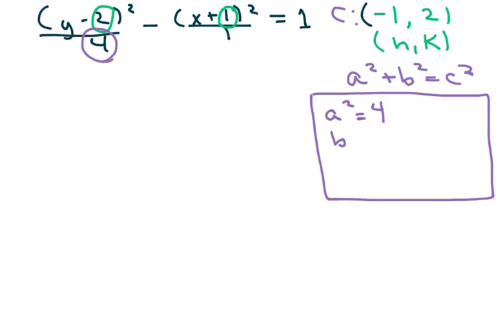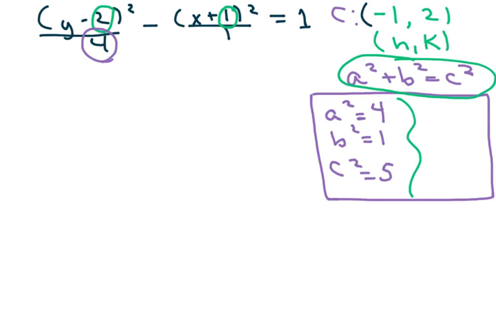Therefore, c squared equals 5 because you're adding. And now find your a, b, and c. a equals plus or minus 2, b equals plus or minus 1, and c equals plus or minus square root of 5.